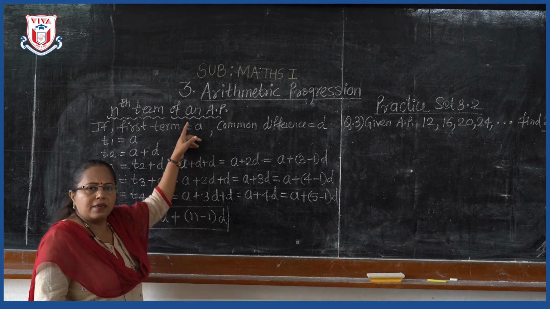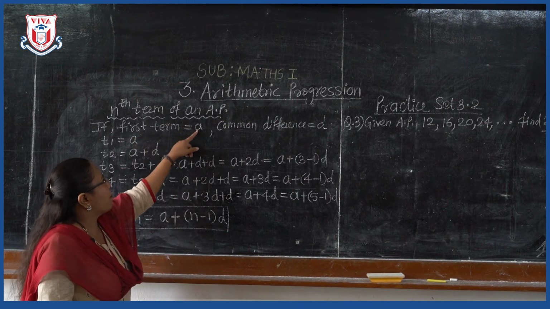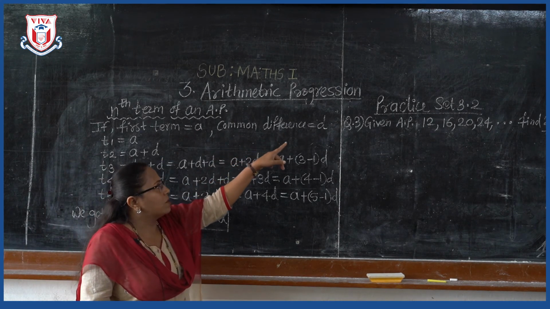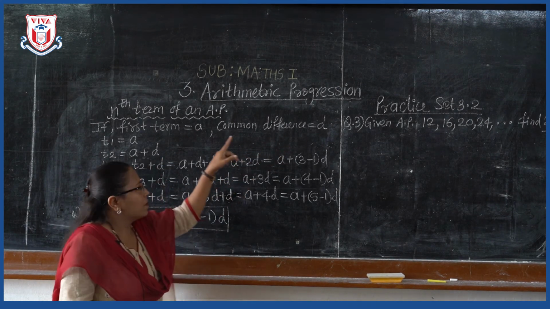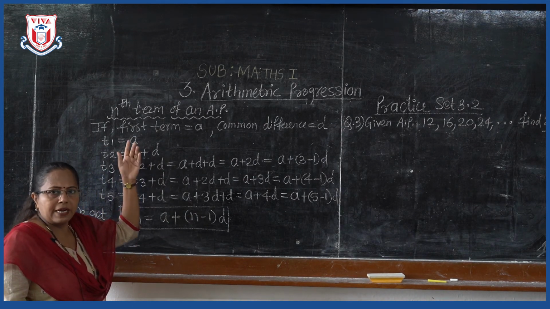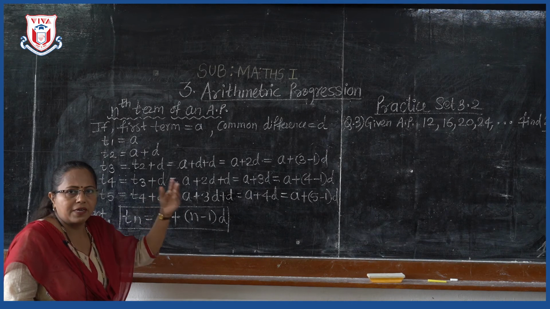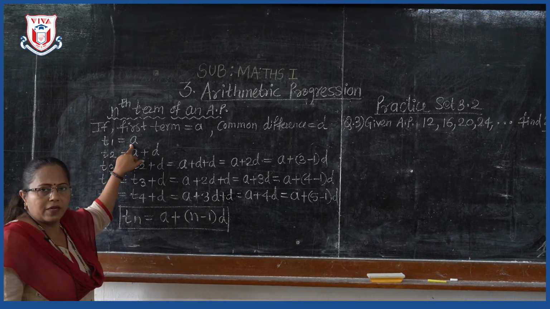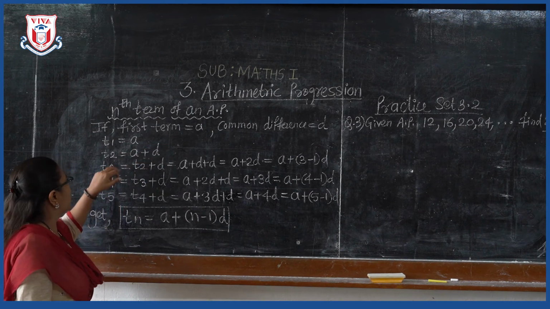As we know, the first term of the AP is denoted as A and the common difference is denoted as D. So according to that, T1 is equal to A. To create an AP we require T1, T2, T3, T4 like that. T1 is equal to the first term, which is A.